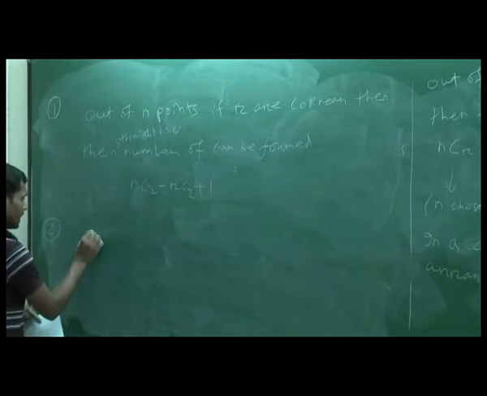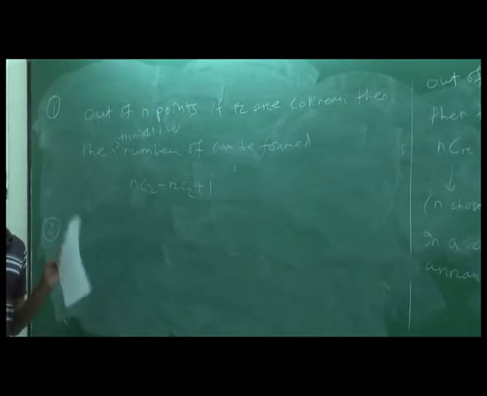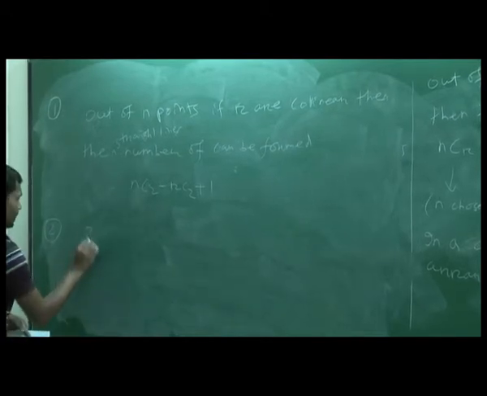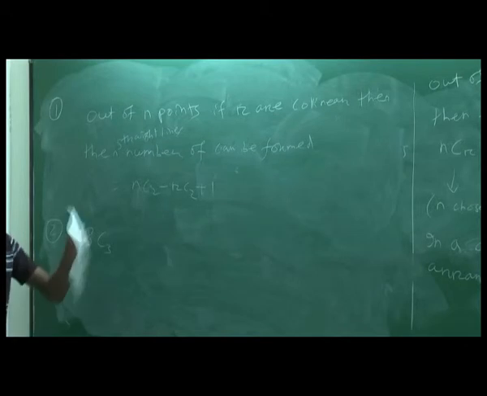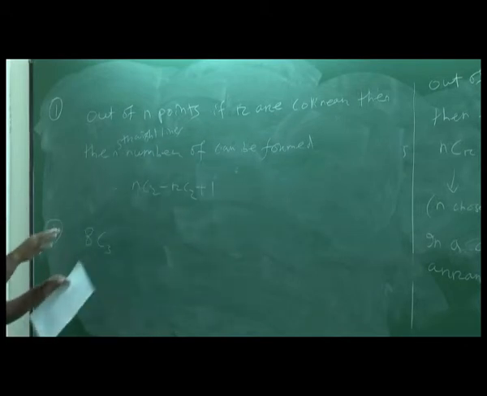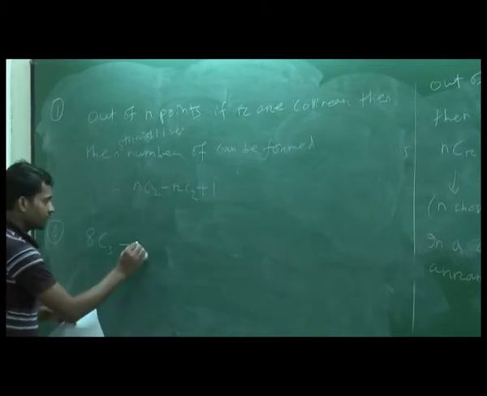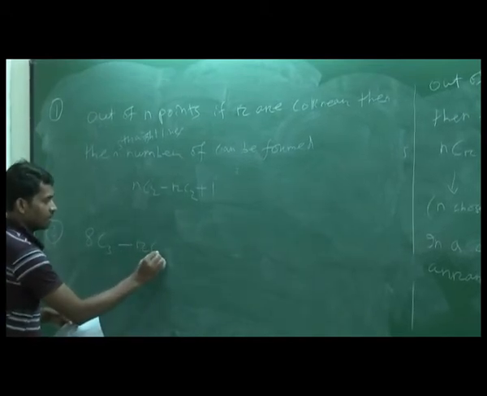Since there are 8 points, if no points are collinear, then we can make 8C3 triangles, right? If all are distinct or not collinear. But if r are collinear, then we have to subtract the extra ones. How many? 3C3.